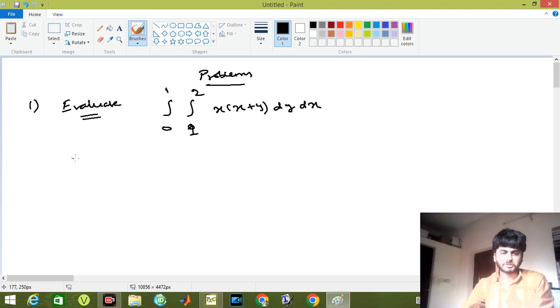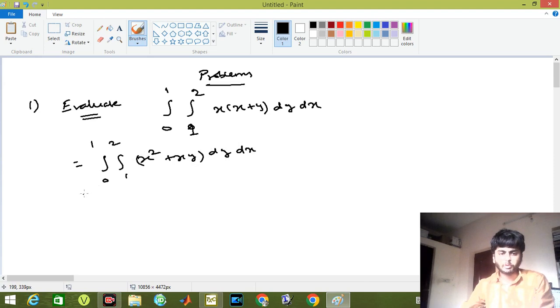Both the limits are constant, so we can integrate with respect to x or y first and with respect to the other later. No problem with this. Integral 1 to 2 and integral 0 to 1. On multiplication you will get (x square plus xy) dy dx.